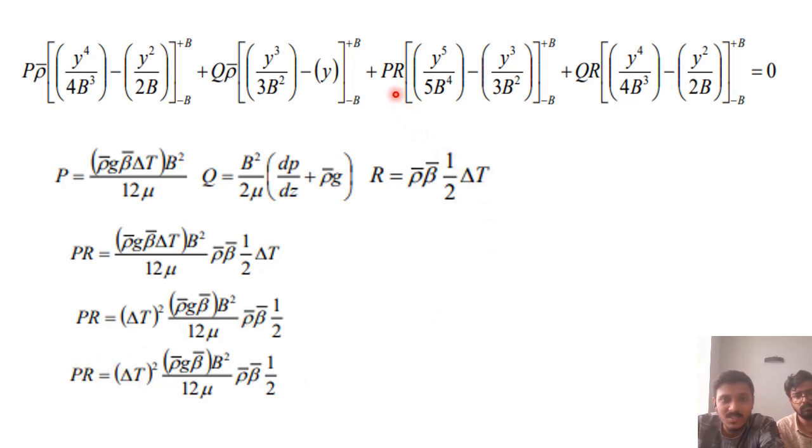So if the PR term is neglected or zero, this whole term will become zero. And after substituting the limits plus b and minus b in this expression, this term will become zero. This we can solve, and we can see that this term will become zero.